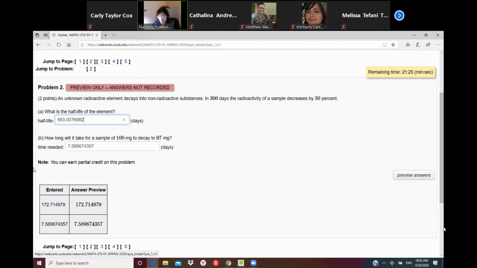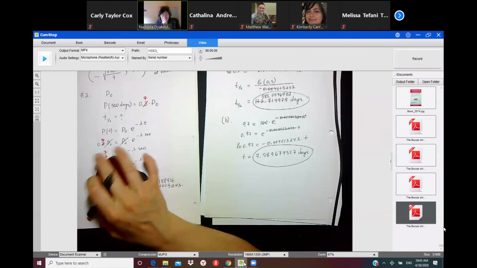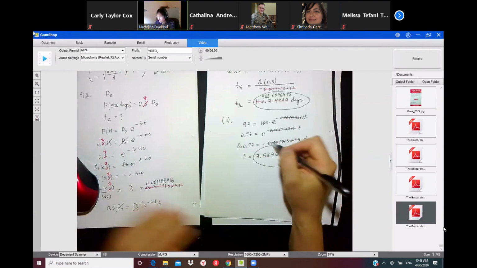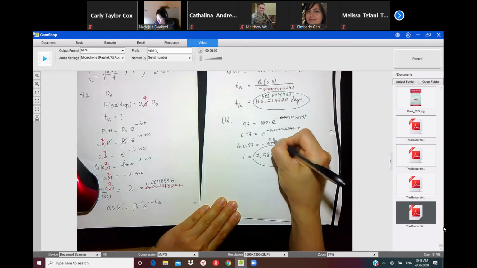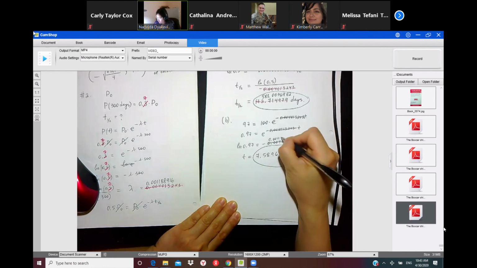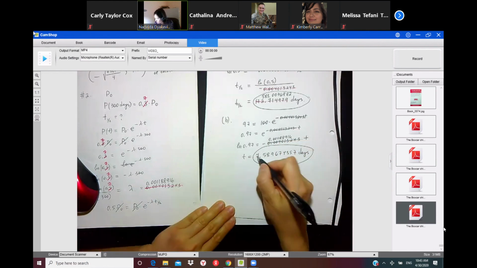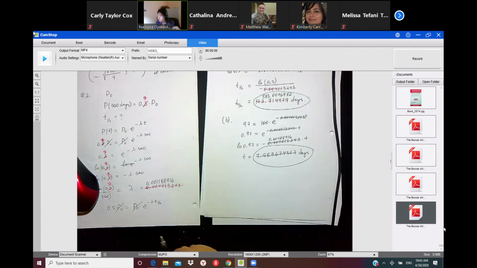So same for B, we would have to replace, unfortunately, since we're still using the same lambda, we have to replace that by the correct one, 0.0011888916, right? And that means this number will change.